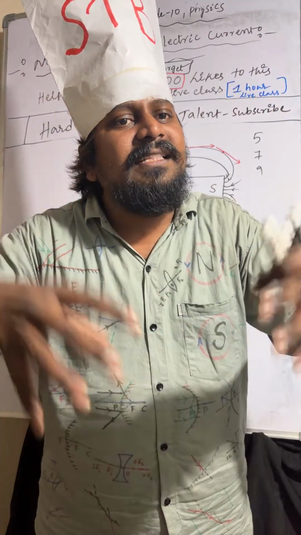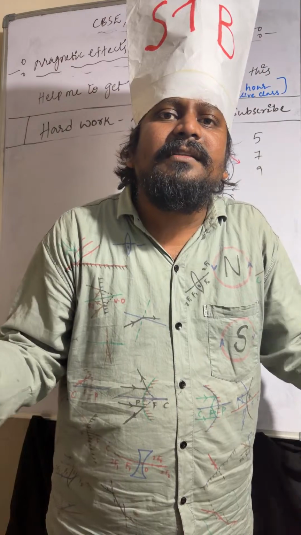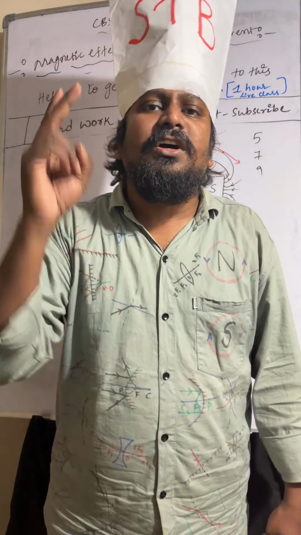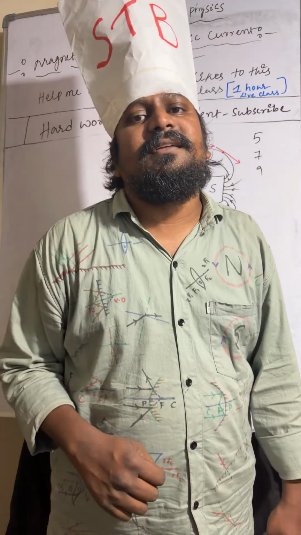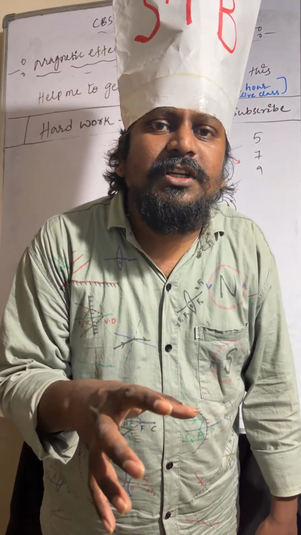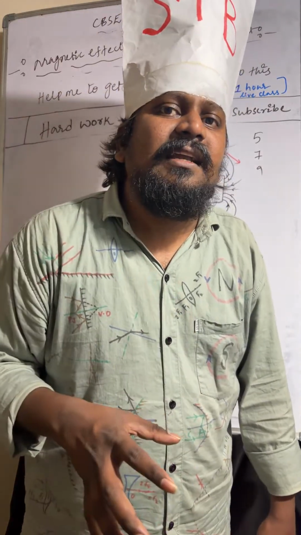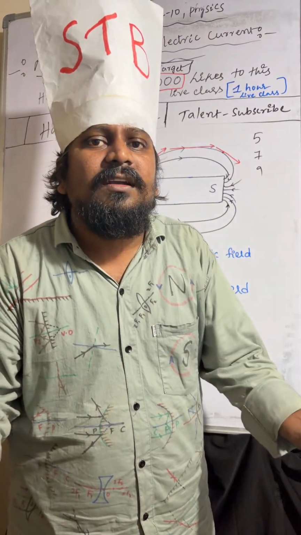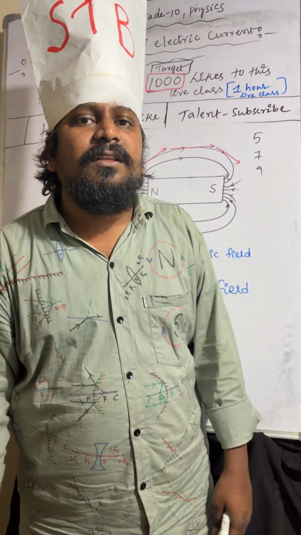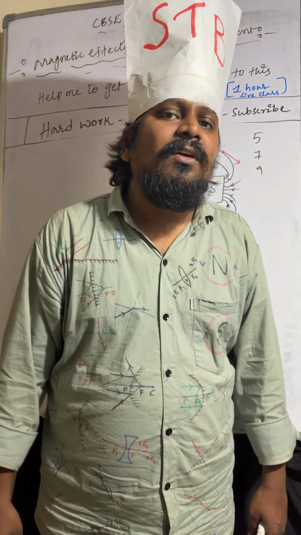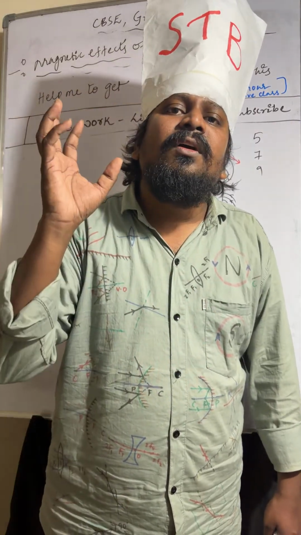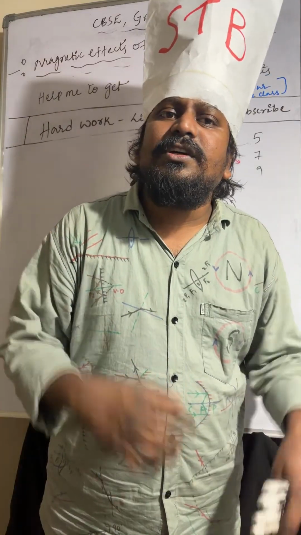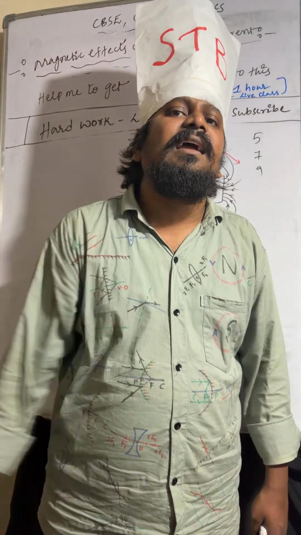If these field lines intersect, what happens? The compass would show two directions at a time, which is not at all possible. The compass will not show two directions at a time.